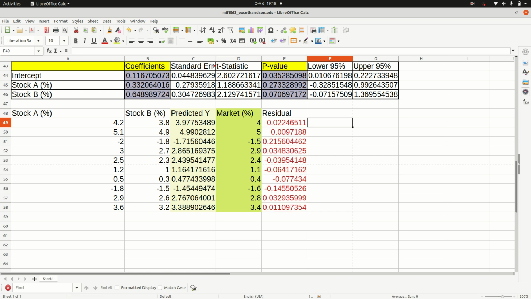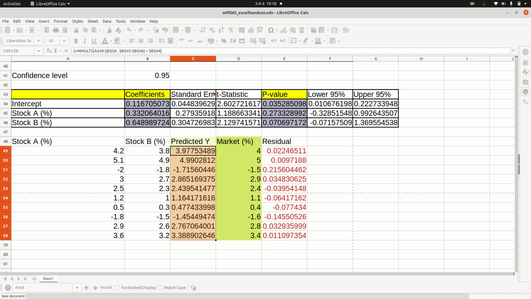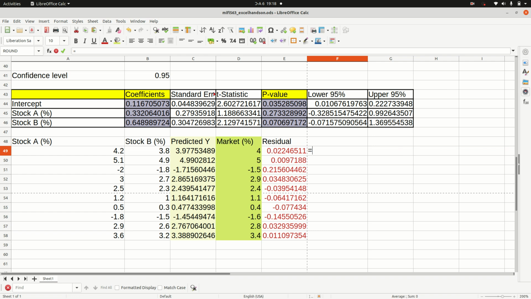So the model is equal to this coefficient here plus stock A factor times this plus the coefficient of stock B here times that of the 3.38. It should give me the same answer. Look at it. Which color did I use? Yeah. Check this out and check this out. They are the same. So this is how you use the model.